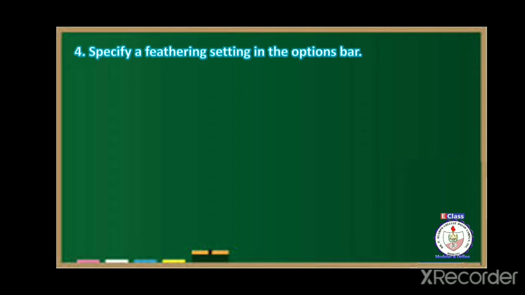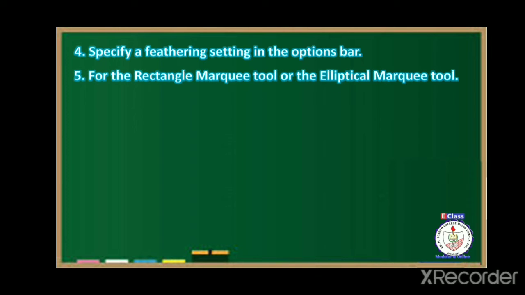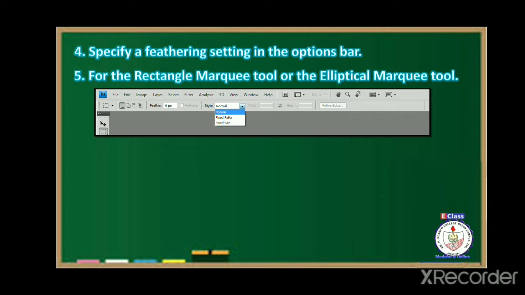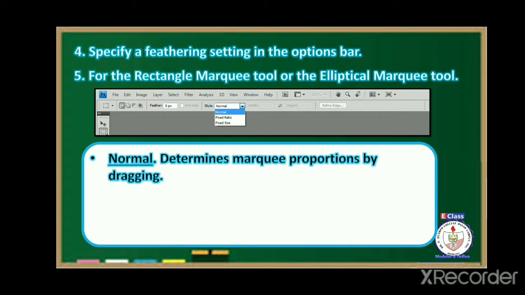Four, specify the feathering setting in the option bar. Five, for the rectangular marquee tool or elliptical marquee tool, choose a style in the option bar. And this is the figure: Normal, Fixed Ratio, and Fixed Size. Normal determines the marquee proportions by dragging.